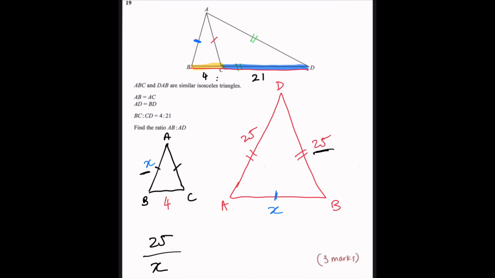So 25 over X is the same as the base of this triangle is X, and the base of this triangle is 4. So I can write it out like this. 25 over X equals X over 4. Because these are similar triangles, they'll be in the same ratios as each other.